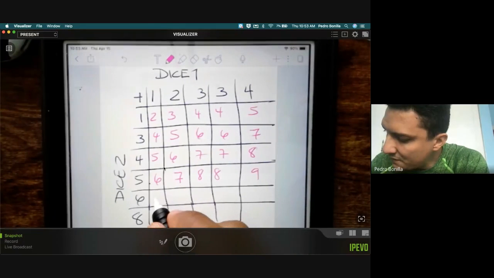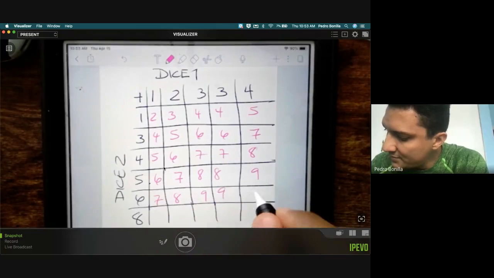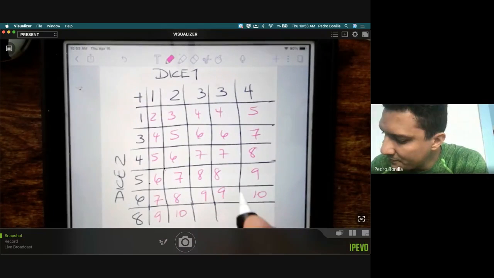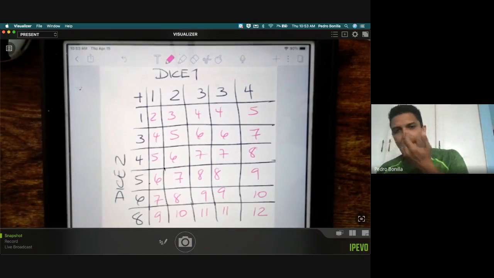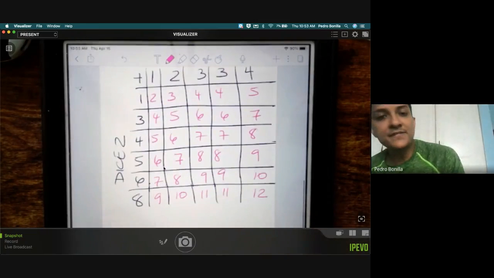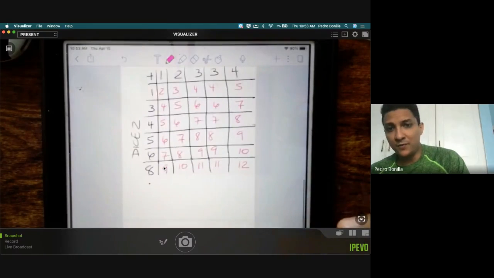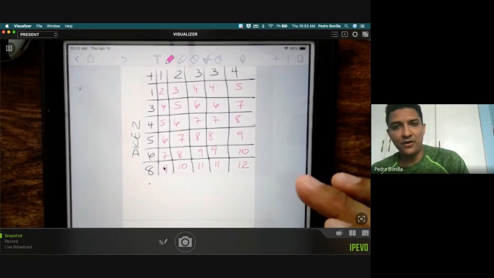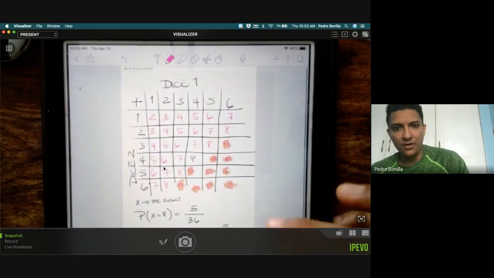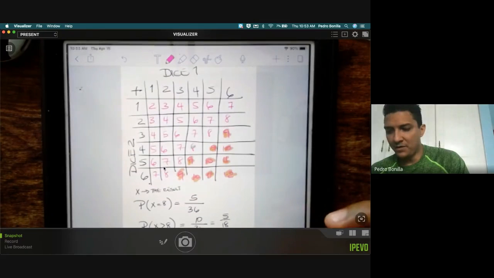Here we have 7, 8, 9, 9, 10. Finally, 9, 10, 11, 11, 12. Okay, so let's see if they claim that the probability of each of the results is the same no matter in one or the other. Notice that they look very similar.